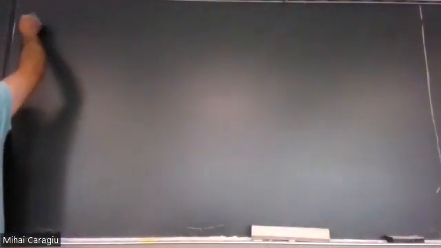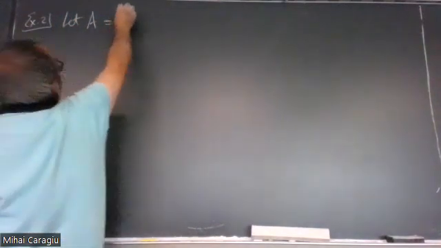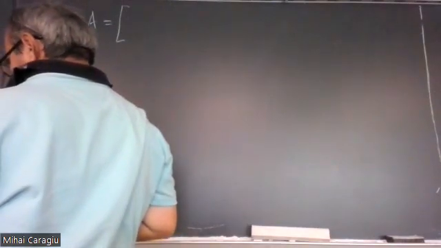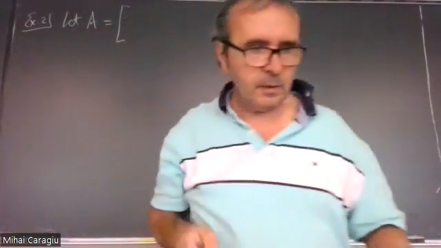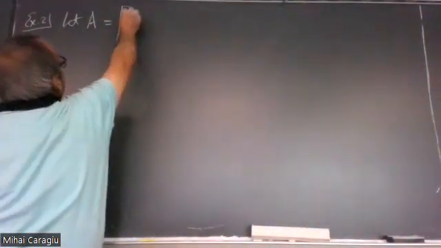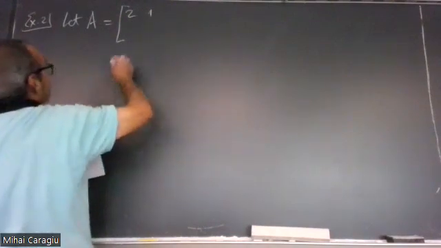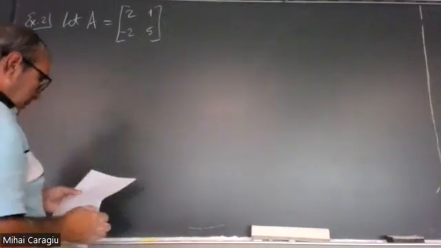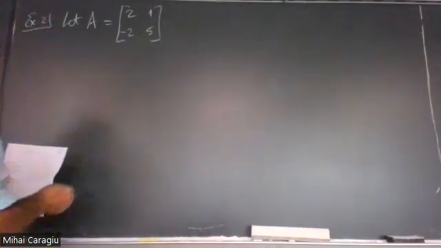Okay, so exercise 2 for me. Let A be the matrix [[2, 1], [-2, 5]]. Show that A is diagonalizable.